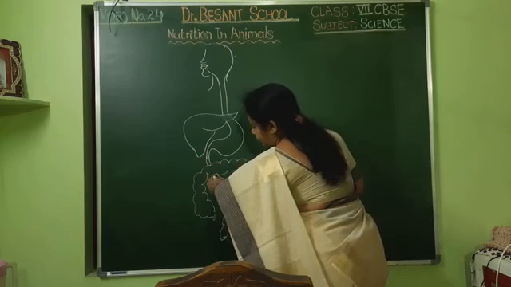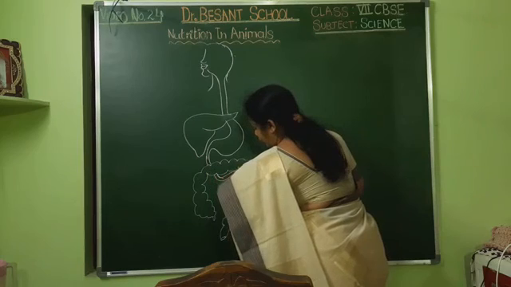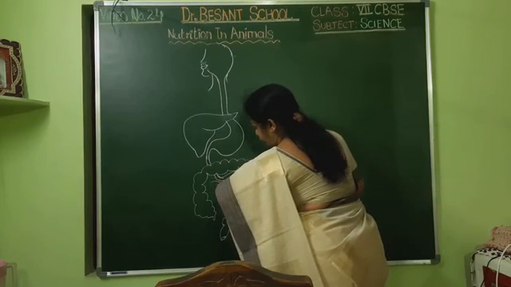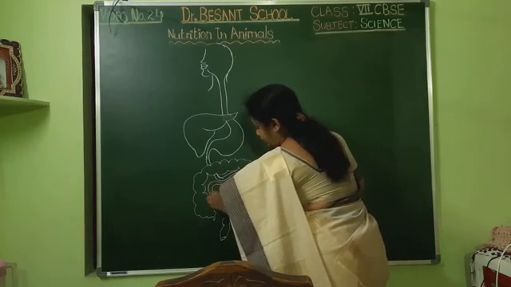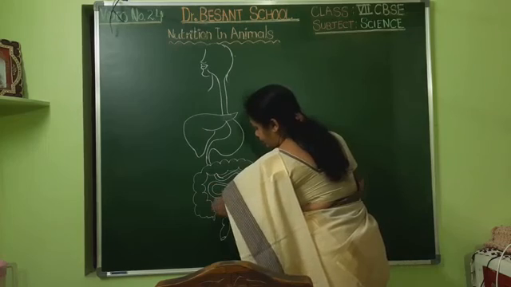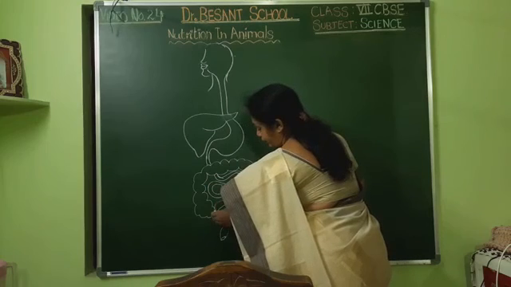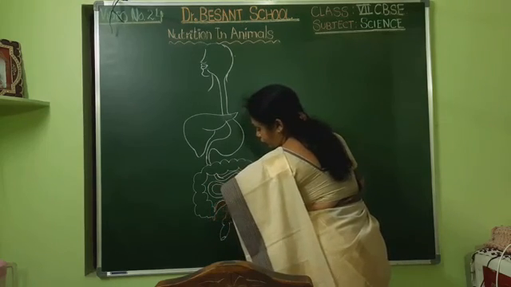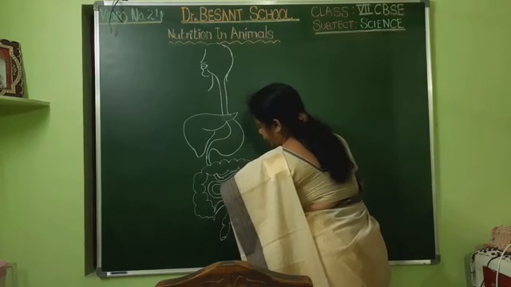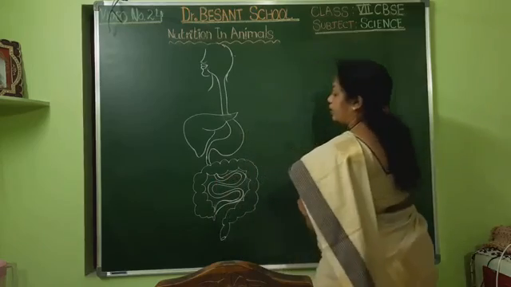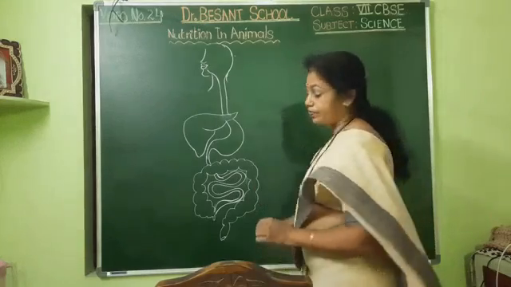So from the stomach this small intestine is coming like this and it is getting folded. You can show the folds however you want. I am making it very simple for you all. It has to get connected to the large intestine from here. I have not shown as many folds. Normally the small intestine is very long, but for your understanding I have drawn it in a simple way. As simple as possible, children.